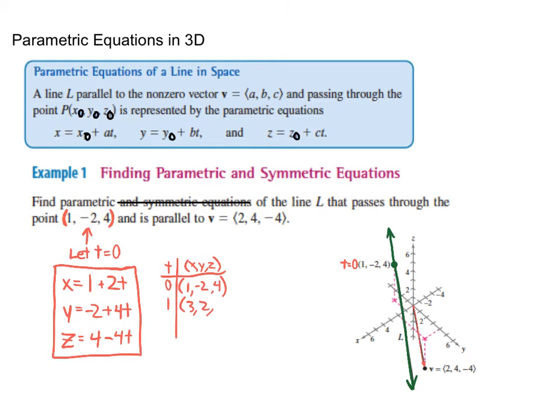And 4 minus 4 would be 0. So, we would be at the point 3, 2, 0. So this point right here that I just drew is that point when t equals 1.